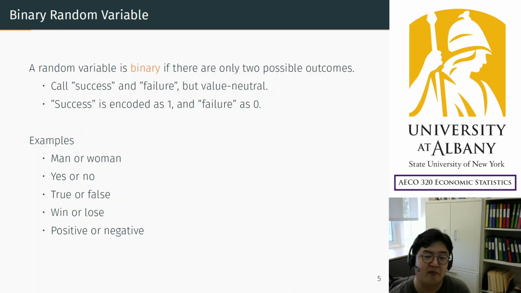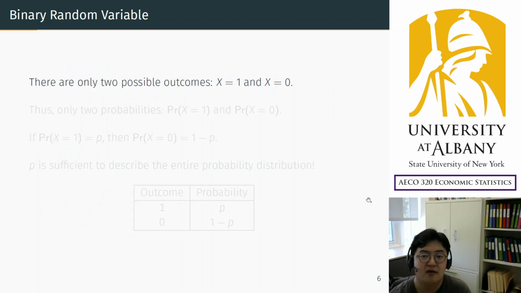That is not a problem. So that is basically the only assumption we make, and from now on, we are going to maintain that assumption. The assumption is that there are only two possible outcomes. Calling them 1 and 0 is not an assumption. The only assumption is two possible outcomes.